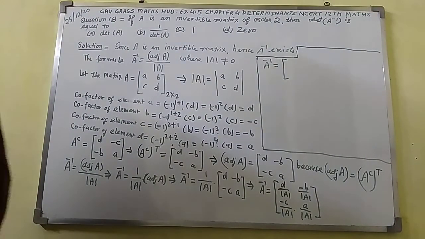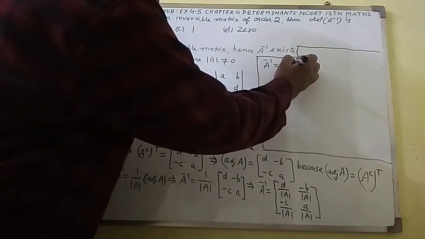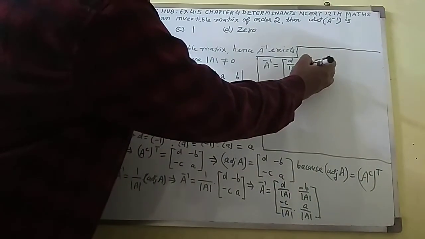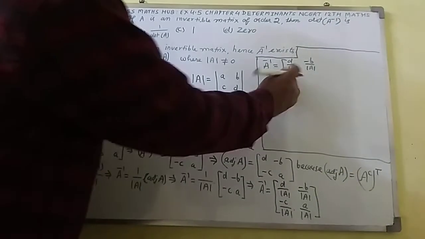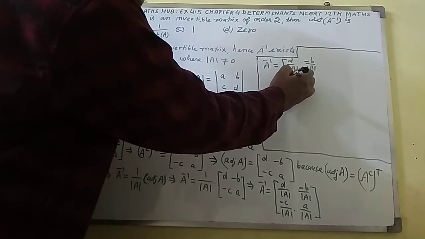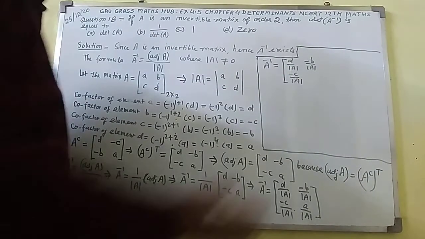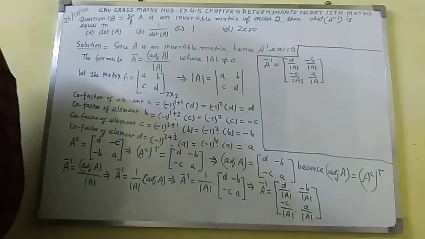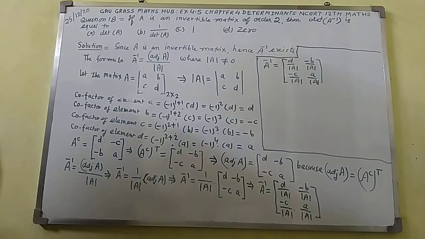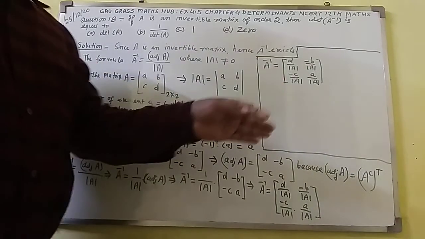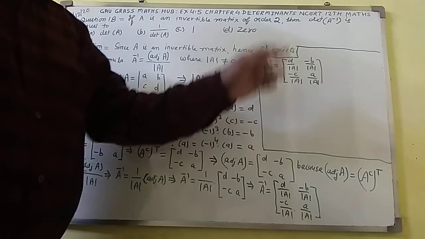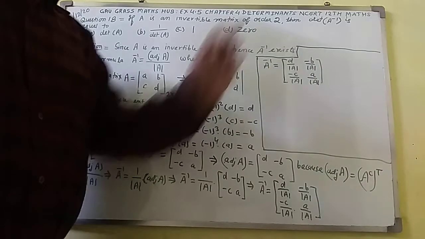Elements of first row I shall write d over det A, minus b over det A, minus c over det A, a over det A. Now you have got A inverse equal to matrix, elements of first row d over det A, minus b over det A, minus c over det A, a over det A.